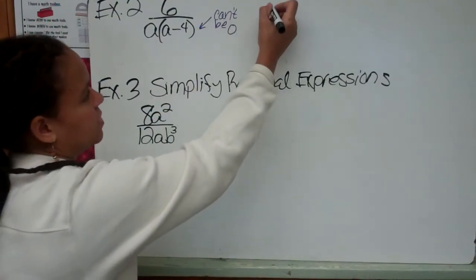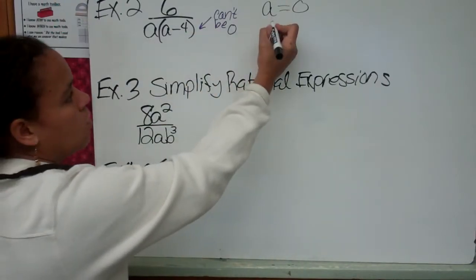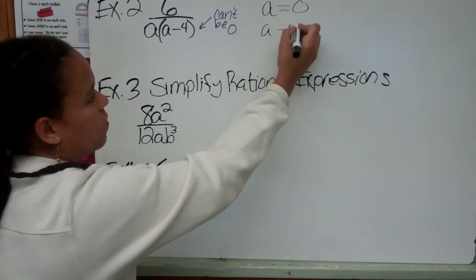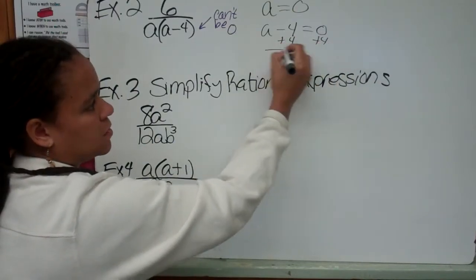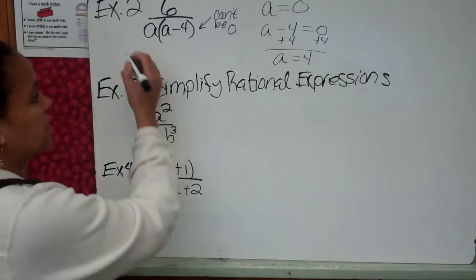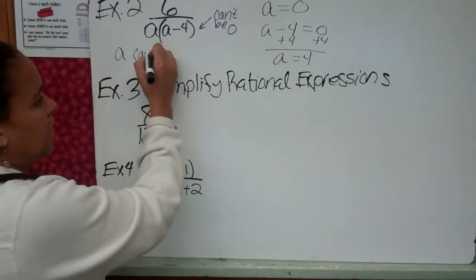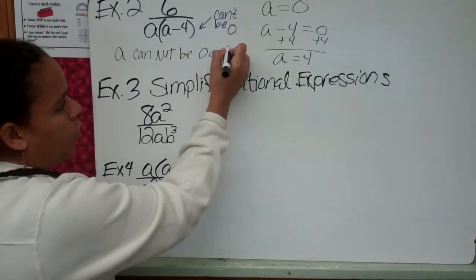So let's take two scenarios. A has to be equal to 0, that's for this one, or a minus 4 has to be equal to 0. And of course, if we solve this one, a is equal to 4. So your answer here, you would have to say a cannot be 0 or 4.